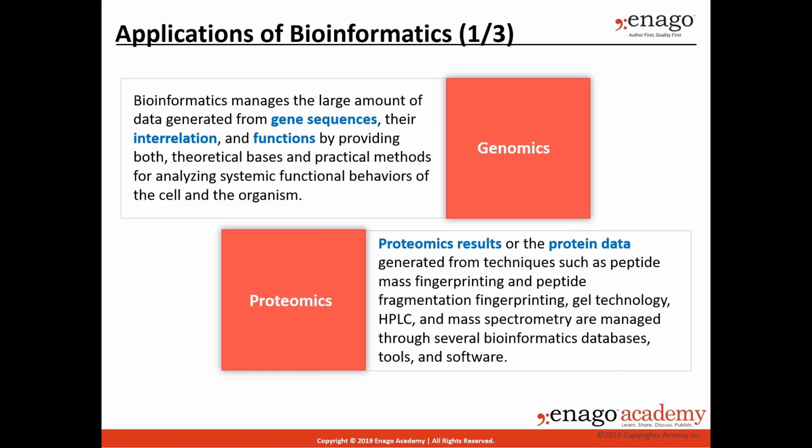And then moving up the hierarchy, proteomics. Proteomics results, or protein data generated from techniques such as peptide mass fingerprinting and peptide fragmentation fingerprinting, gel technologies, HPLC, and mass spectrometry, are managed through several bioinformatic databases, tools, and software.